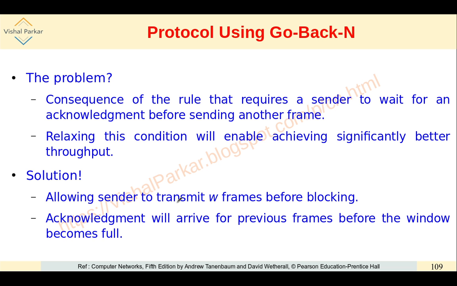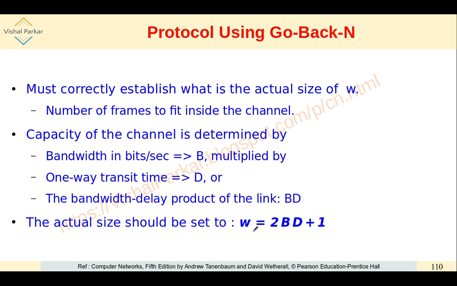Now, as the W frames are being sent one after the other, the corresponding acknowledgements will be gradually received at the sender before the window becomes full. So the most important issue here is to identify the actual size of W, which depends on the number of frames that fit inside the channel.